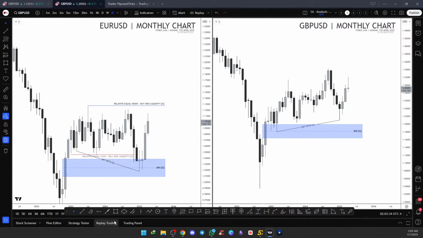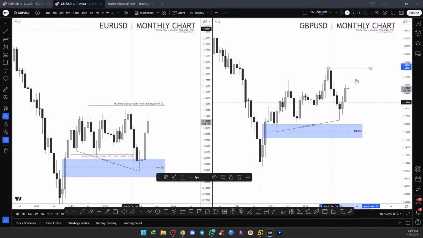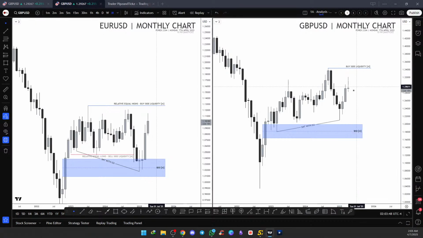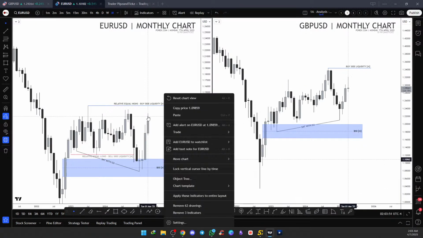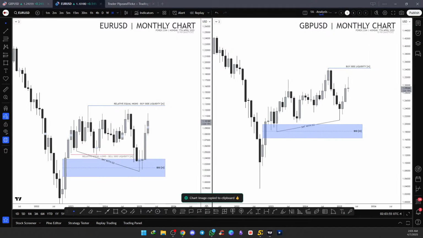Nice. So where is the price headed? To the buy side. So this is where price is headed at. This is our monthly time frame.